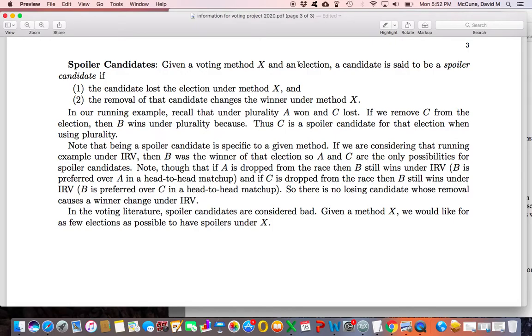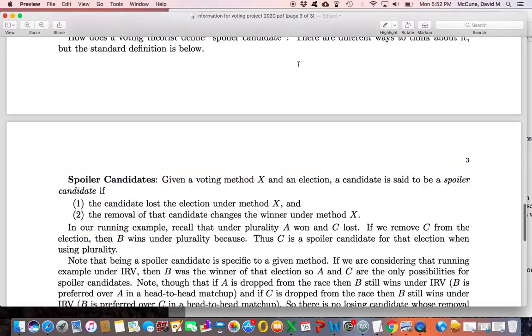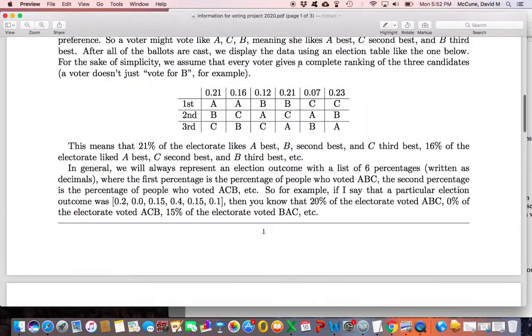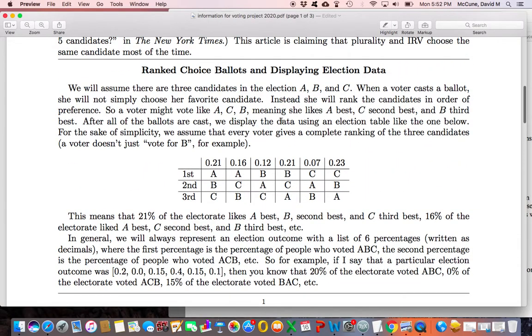Candidate C may or may not be an instant runoff voting spoiler. Let's check. Under instant runoff voting, who won? Candidate B won. Remember, candidate B was the instant runoff voting winner. So C was a loser, so C could potentially be a spoiler. To actually be a spoiler, though, the removal of C would have to cause the winner to change.